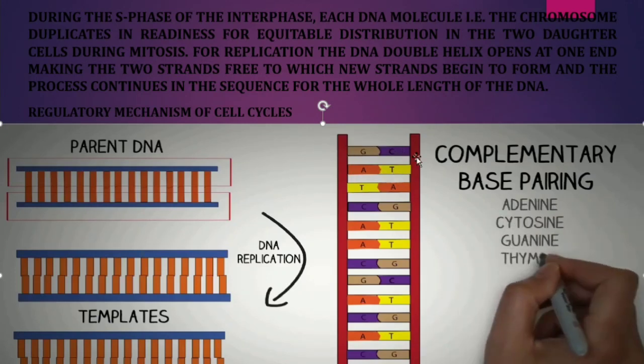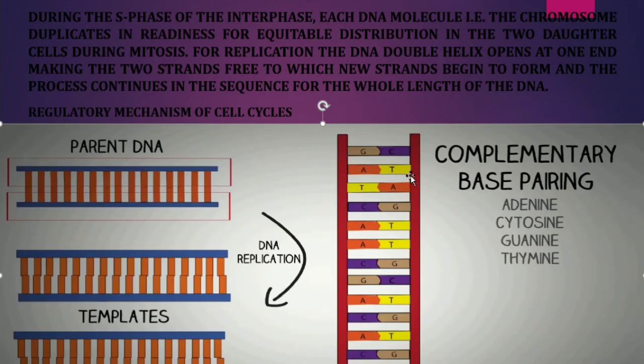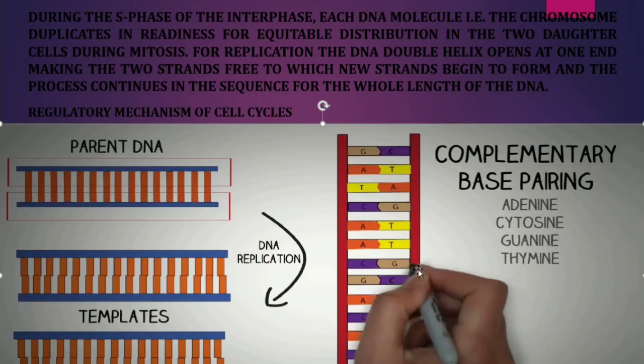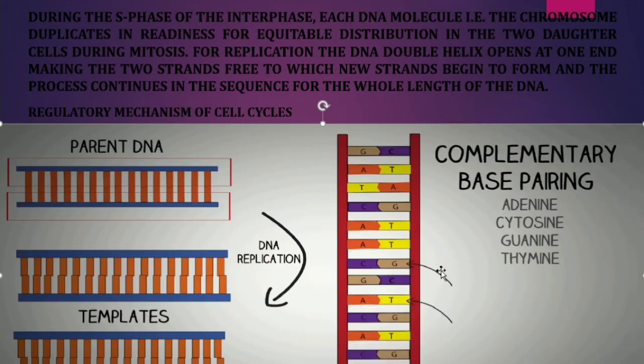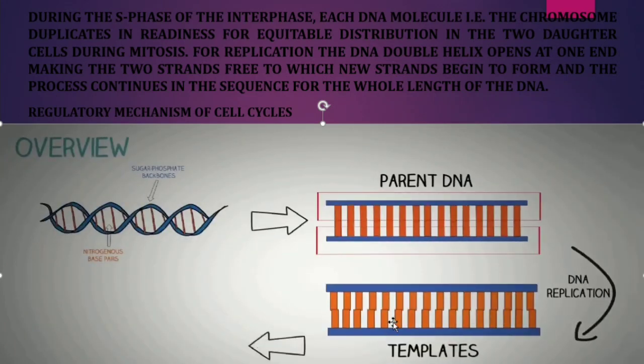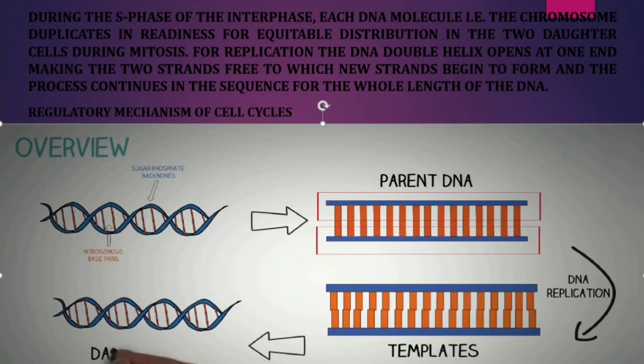Guanine will always join with cytosine, and adenine with thymine. The complementary base pairs maintain a certain distance to get stability. And these two templates will form two daughter DNA.